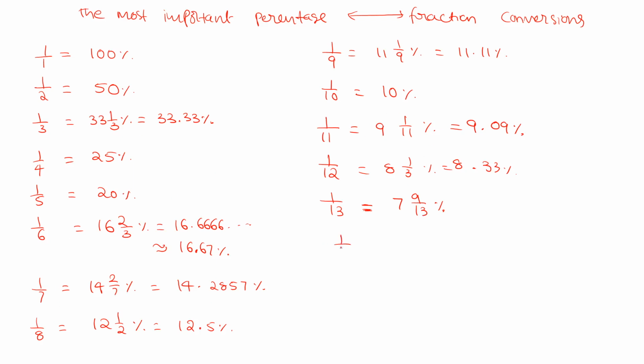The value of 1 upon 14 is equal to 7 1 by 7%, or we can take it as 7.14287%. The value of 1 upon 15 is 6 2 by 3%, or we can take it as 6.666 and so on, or 6.67% when rounded to two decimal places.